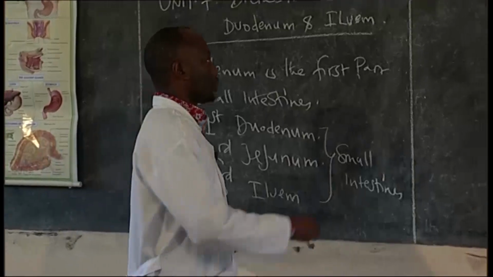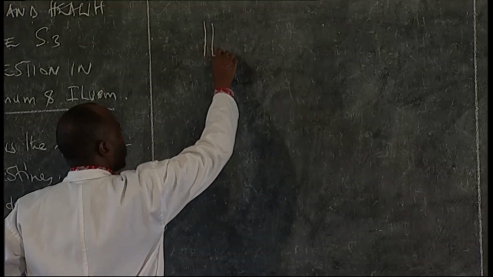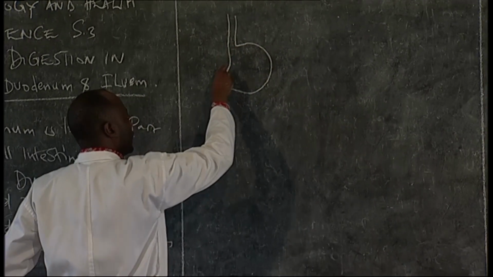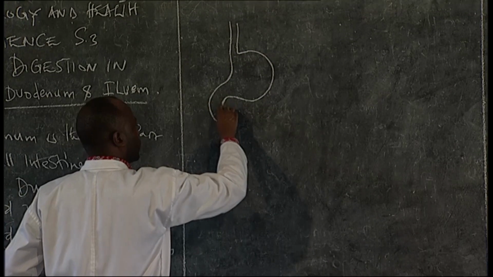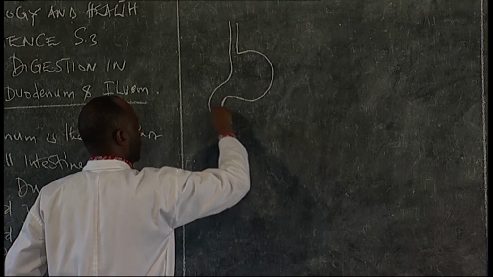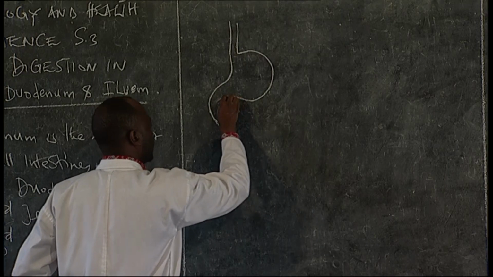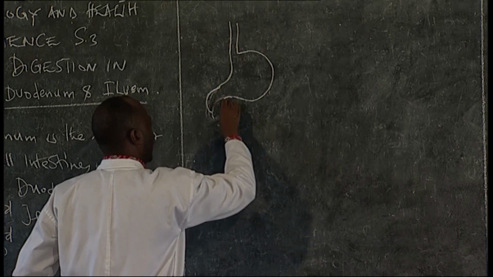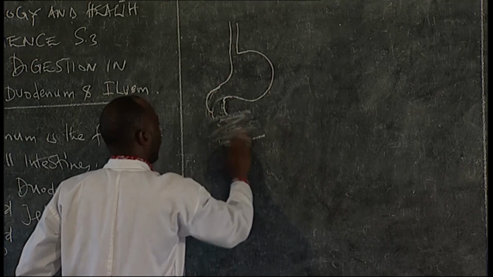If I'm trying to show you, this is the diagram that tries to show the structure of the stomach. And you can see, after the stomach, we have the first part of the small intestine, which is a smaller part of the small intestine.